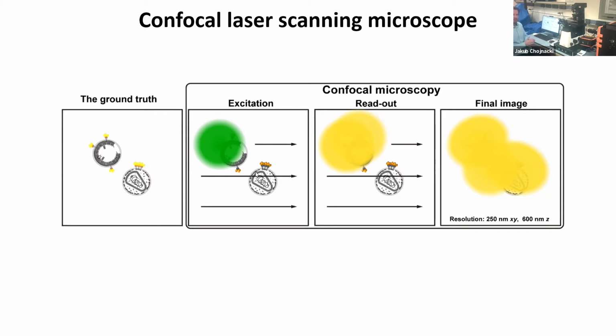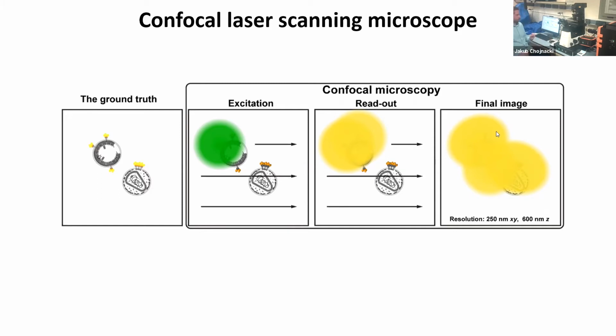This is exactly what is happening here. The laser beam scans very rapidly line by line, and that gives you a fluorescent readout. So you have excitation, and then the fluorescent readout, which gets detected as a final image.